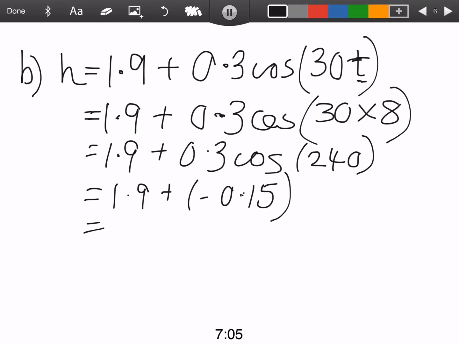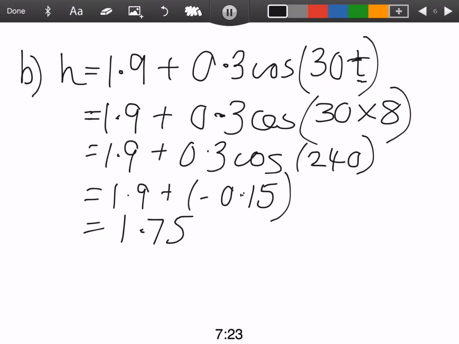Just double check. If I do it all in the one in the calculator, 1.9 plus 0.3 cos 240, it gives me the right answer.